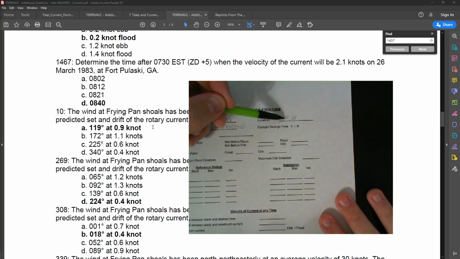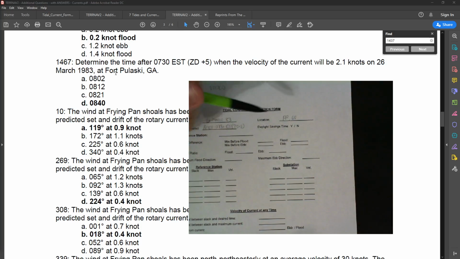Again, I just abbreviated that because we're going to be copy and pasting that right into the reprints.